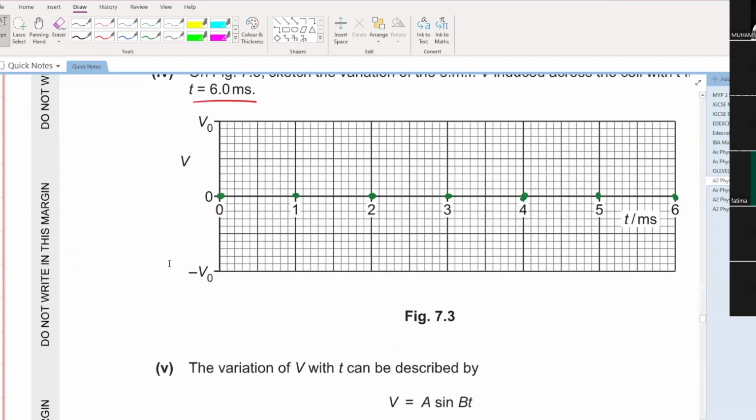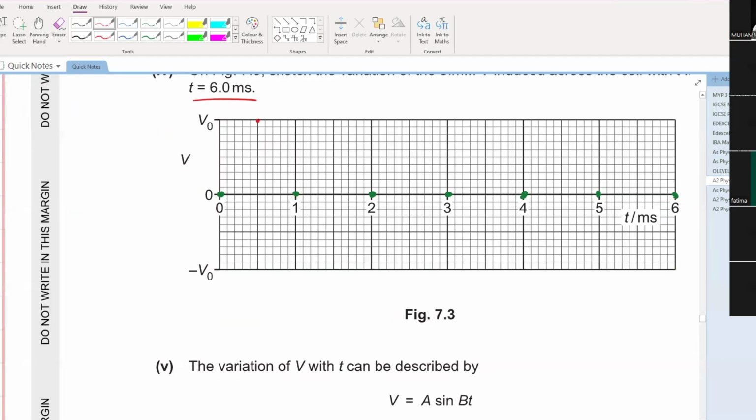At 0.5 induced EMF is maximum. At 1.5 induced EMF is maximum. At 2.5 induced EMF is maximum. At 3.5 induced EMF is maximum. At 4.5 induced EMF is maximum. At 5.5 induced EMF is maximum. Now just draw a sine curve through them, like this.